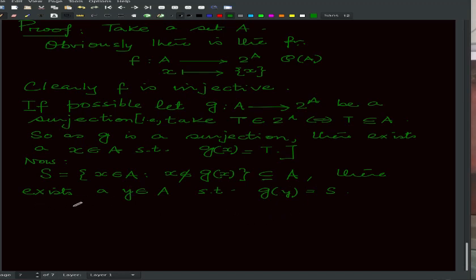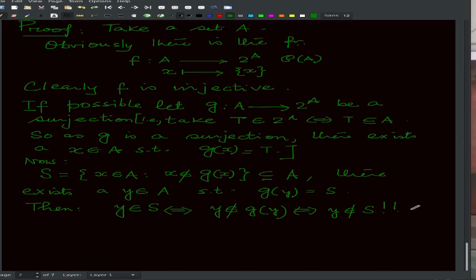But then, can y belong to S? Suppose y is a member of S. Then y must satisfy its defining condition. But what is G(y)? G(y) is nothing else than S. So, which is a contradiction. And where did this contradiction come from?